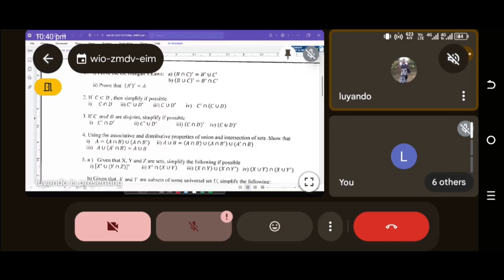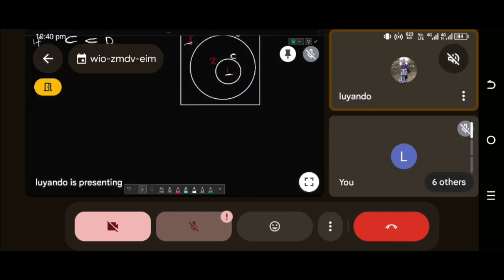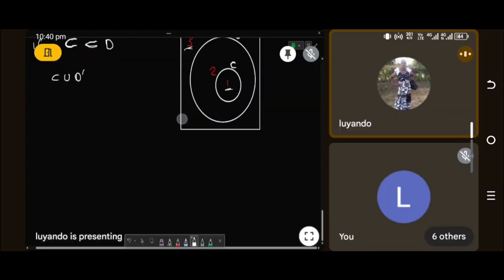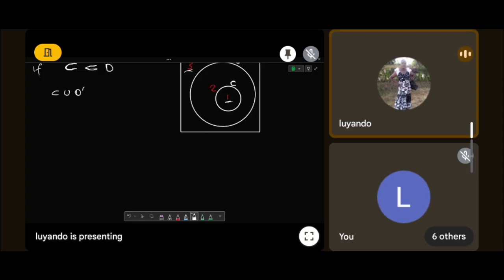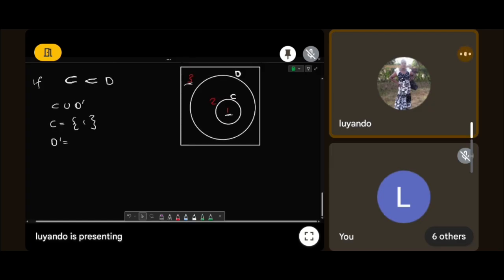So we'll pick number 3, which says that you have C union D complement. See if we can simplify this one. So firstly, what we need to do is list the elements that are in C. You see that the elements that are in C, we just have 1. The elements that are in D complement, D complement just has 3.